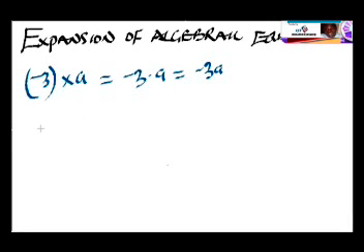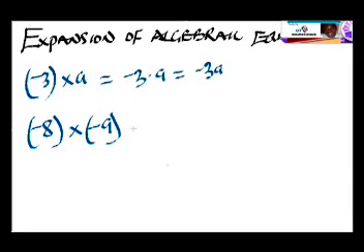So let's see if we have minus 8 multiplied by minus a. This will become, first your negative signs will multiply themselves out before the numbers will multiply themselves out.